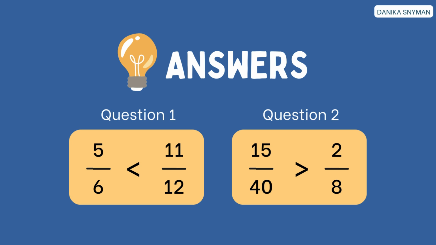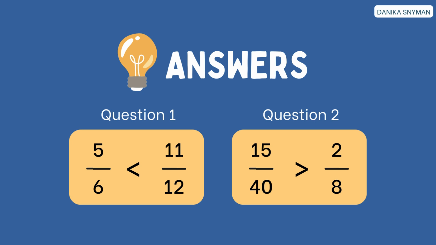15 on 40 becomes 3 on 8, because we divide the 40 to become an 8. We wanted the denominators to be, on this question, we want it to be an 8. Remember, we want the smallest possible number.